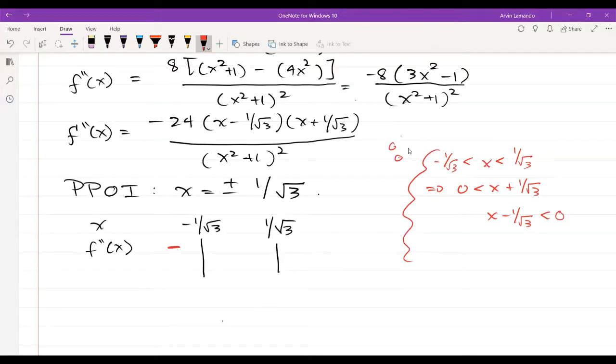So this factor is positive, but this factor is negative.